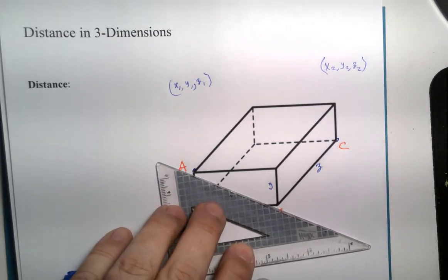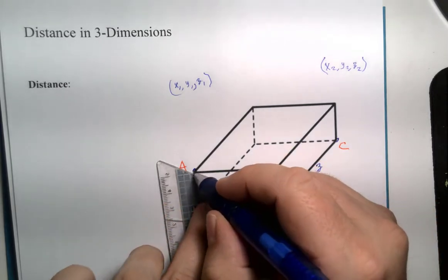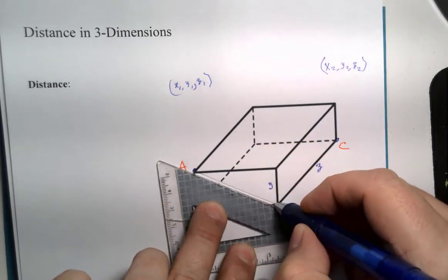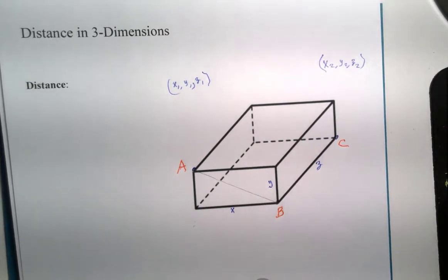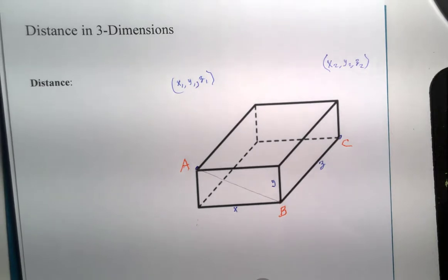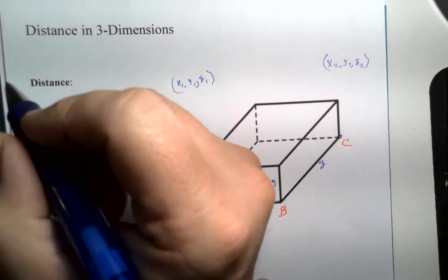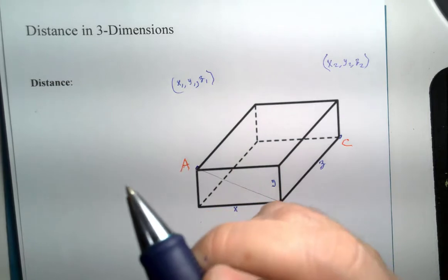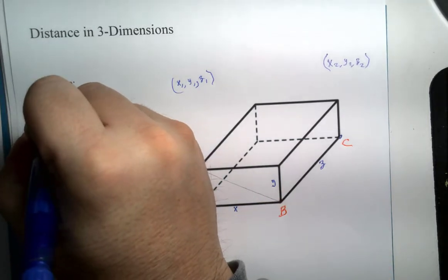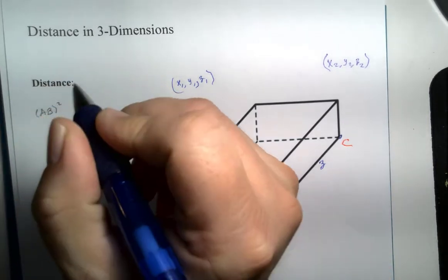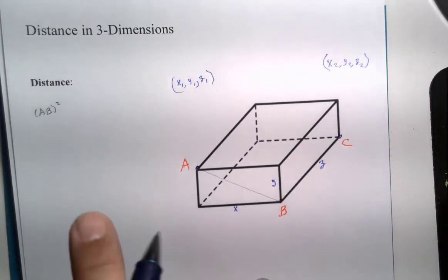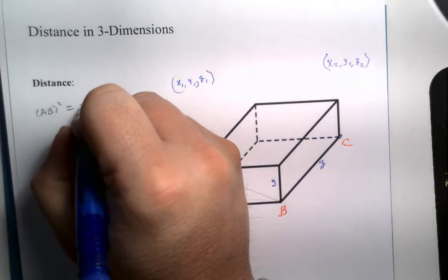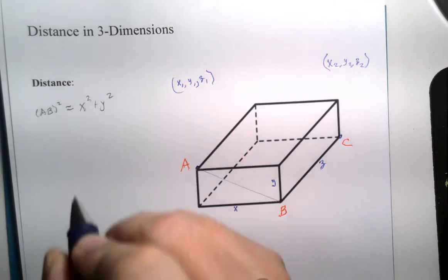Now, if I wanted to measure the distance between A and B, there we go. I could just use Pythagorean's theorem, and I could say the distance from A to B, AB squared, is equal to x squared plus y squared.